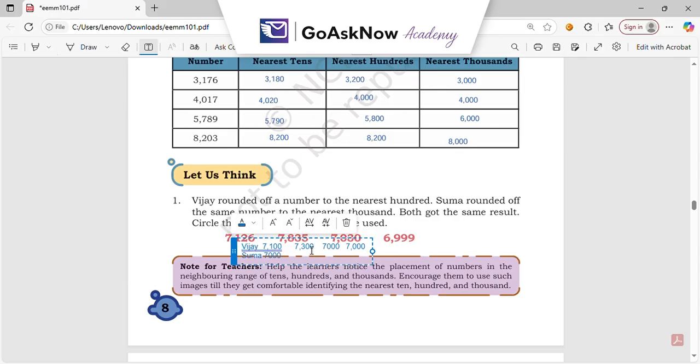Sorry, here 800, which is 8000. Next one, 7,000. Next one, according to thousands, this is 7,000. Here both values come under the same category.